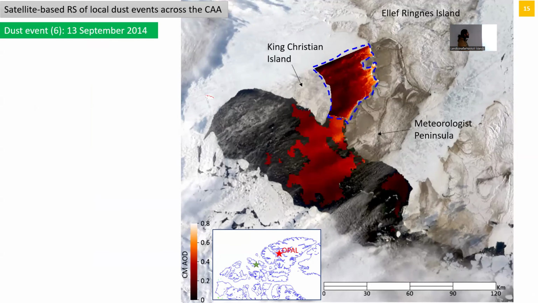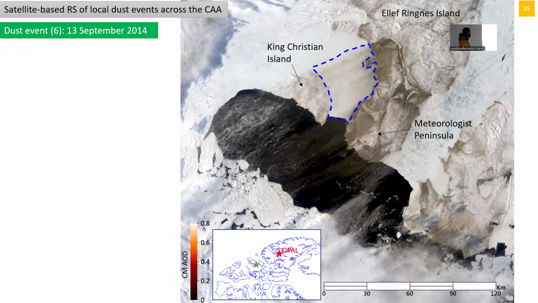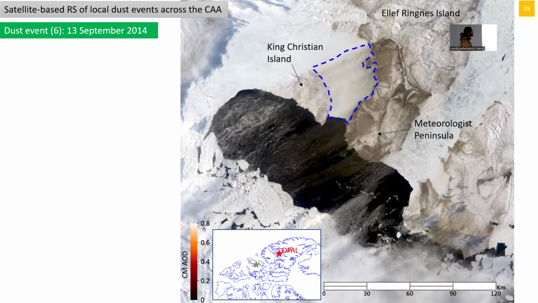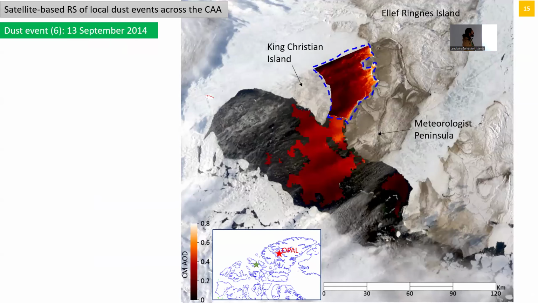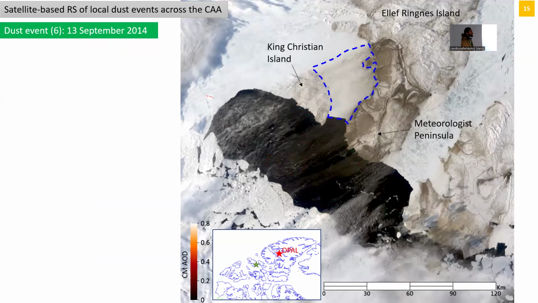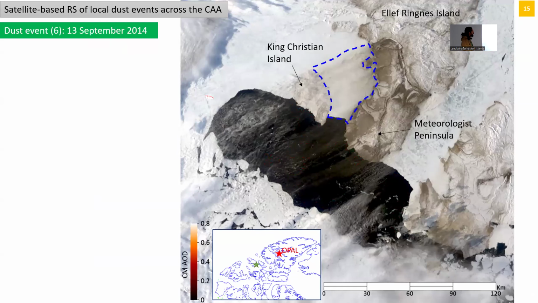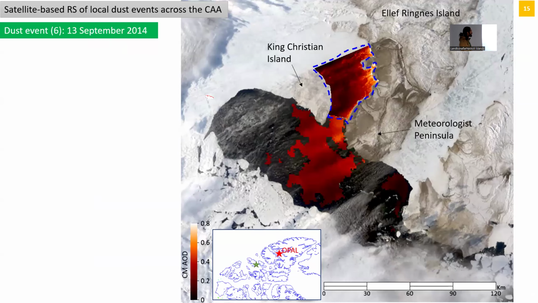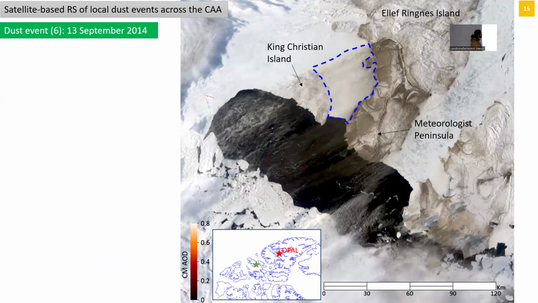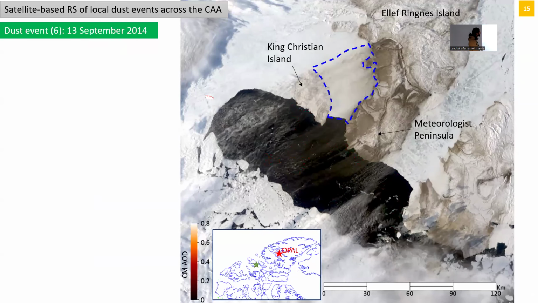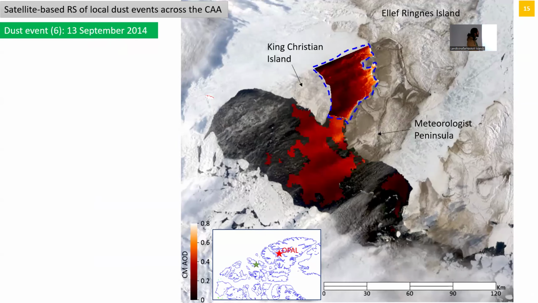Again, the coarse mode optical depths blinking with the colorful MODIS imagery show the coarse mode optical depth over the water, and also the calculated aerosol optical depths over snow, which is calculated using the reflectance of that light brown region encircled with that blue dashed line, divided by the reflectance of the clear region of snow and ice north of that region.